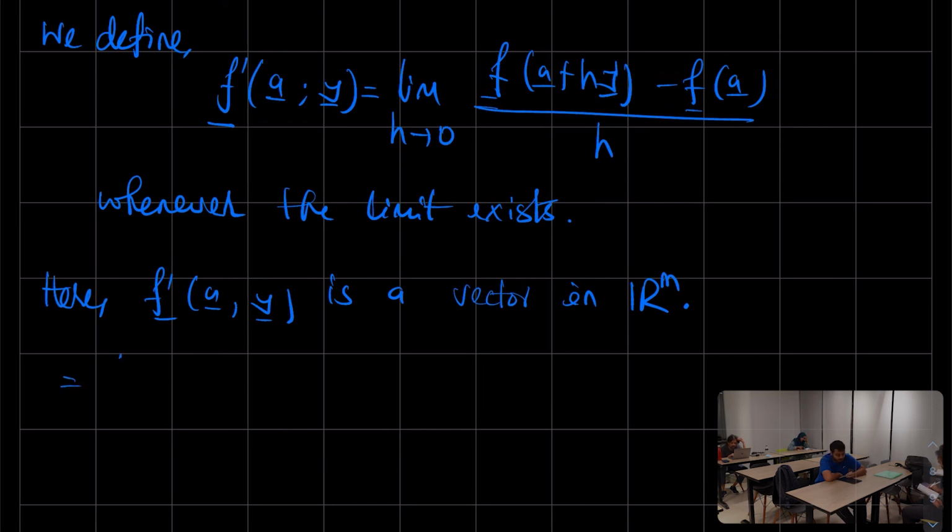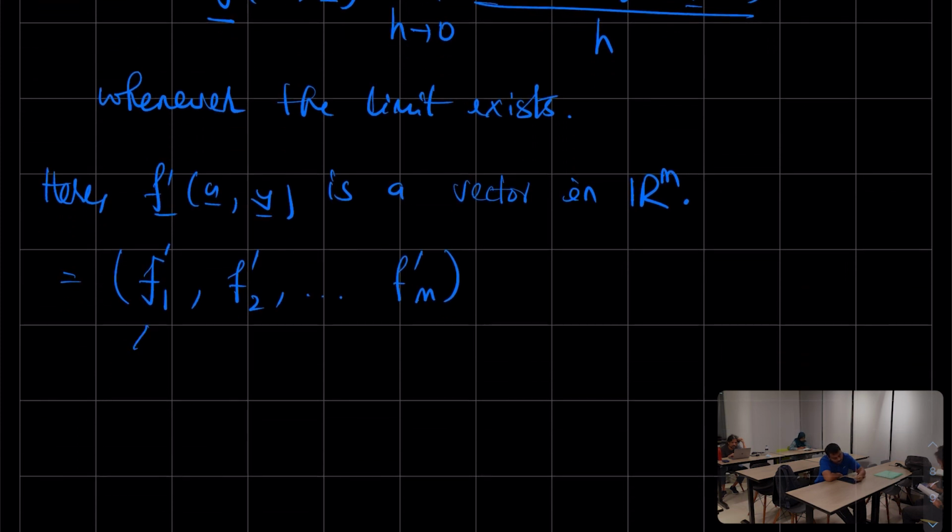Which really means that it has a lot of components. There are many components, each of them are scalar fields.